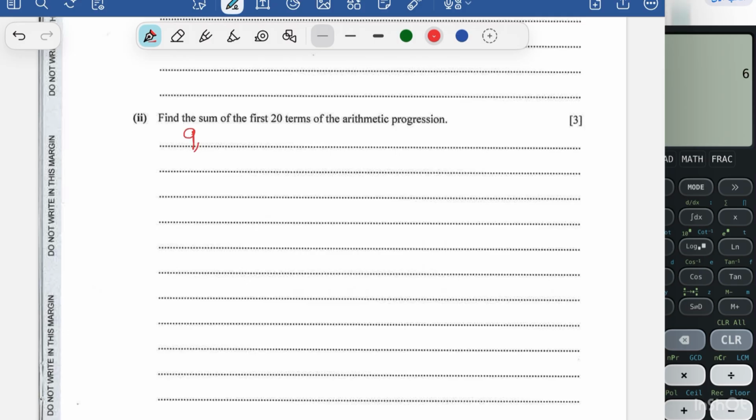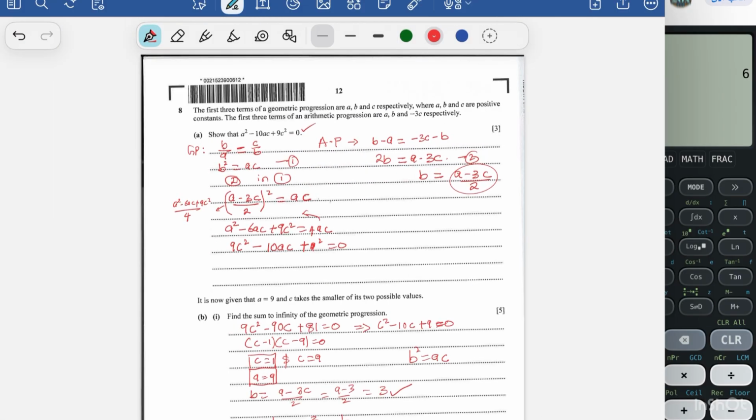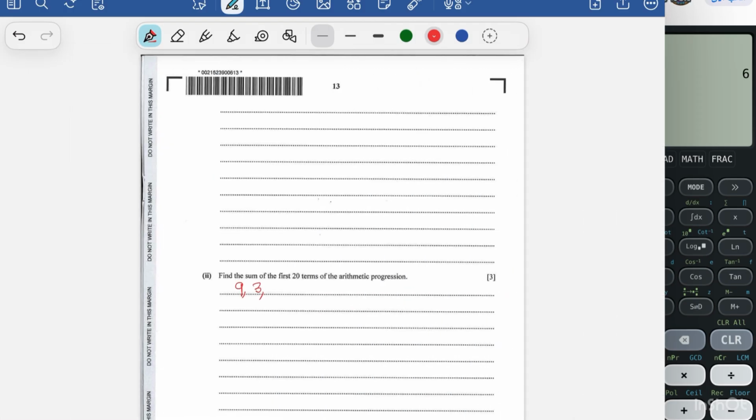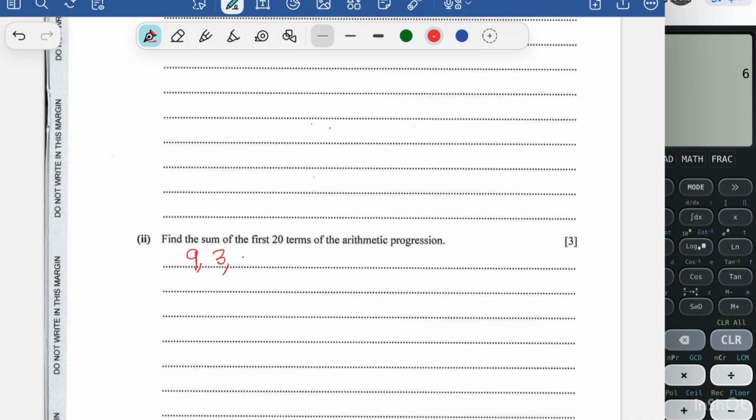So A, B, C. C was what? Okay, let's see. So C was 1, so minus 3. So my difference here is minus 6.